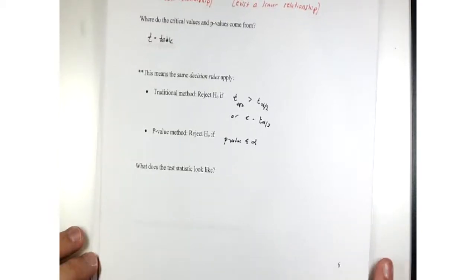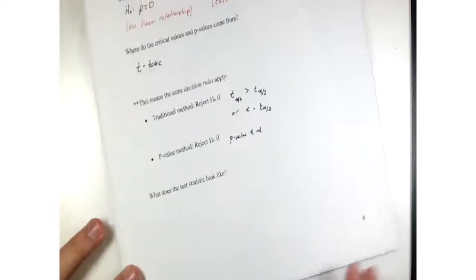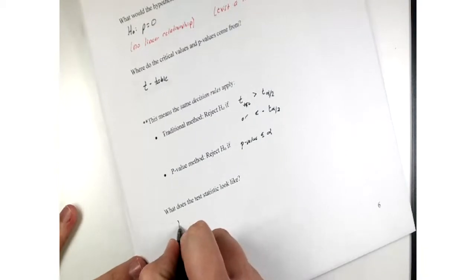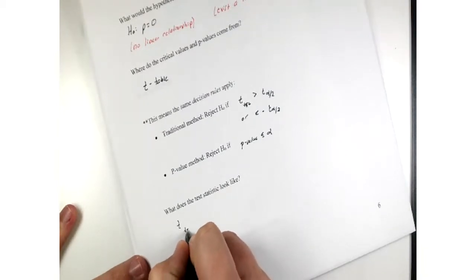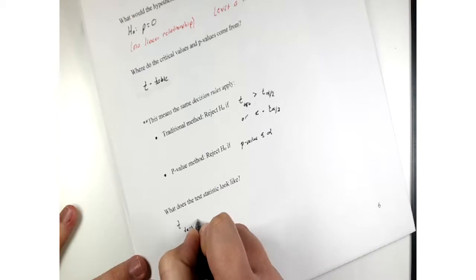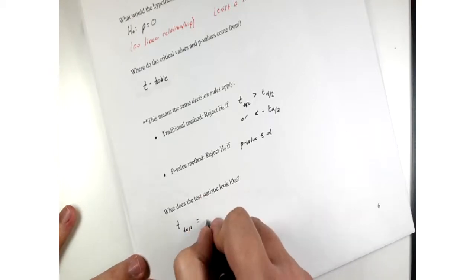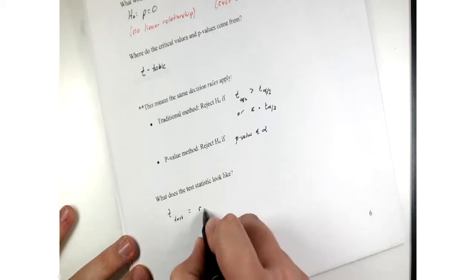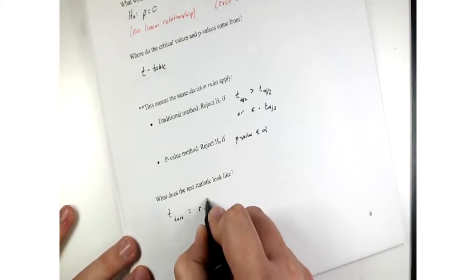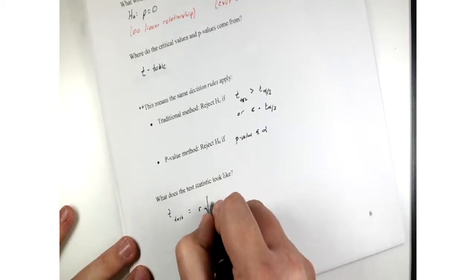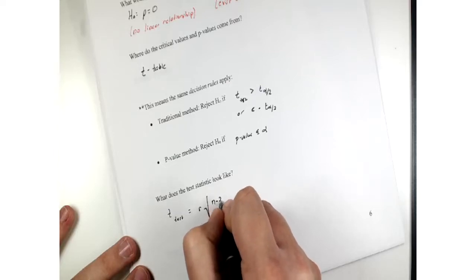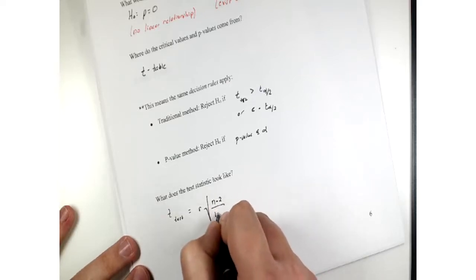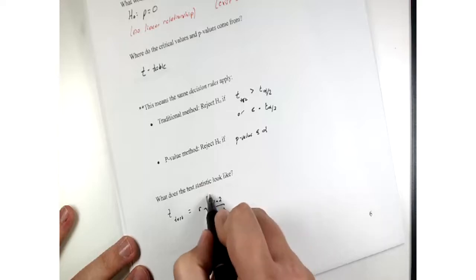So what does this test statistic look like? This one's a little different than what we've had before. The t-test is equal to the sample correlation coefficient r times the square root of n minus 2 over 1 minus r squared.